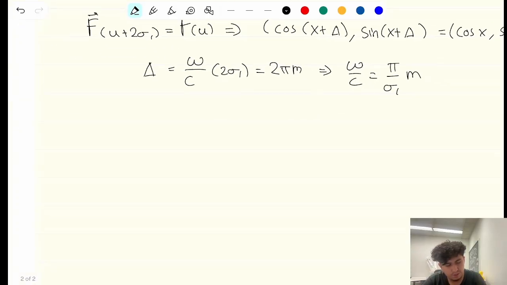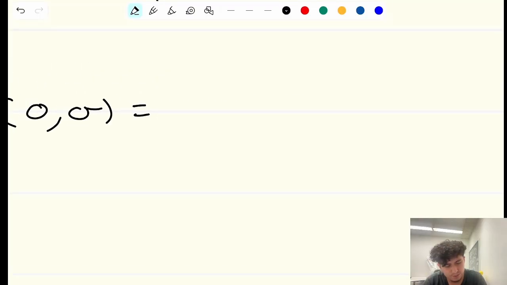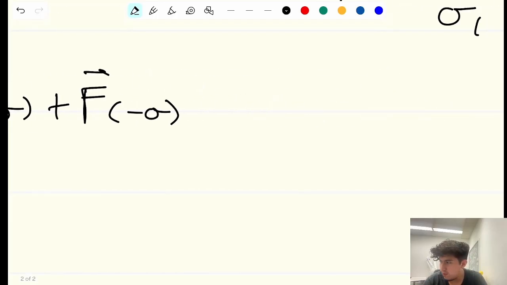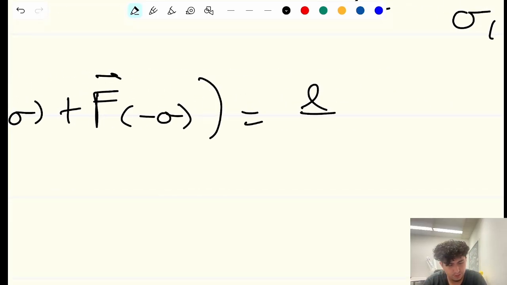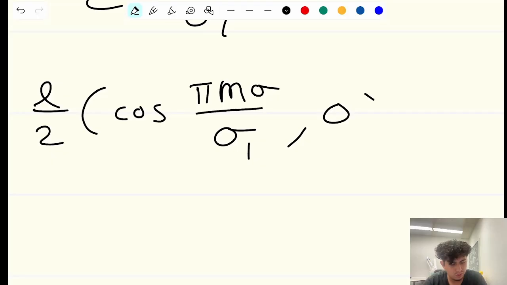So cool. Now if we go back to the full expression but at 0, we had this sigma plus f minus sigma, cosine halves sigma 1 0. Cool.